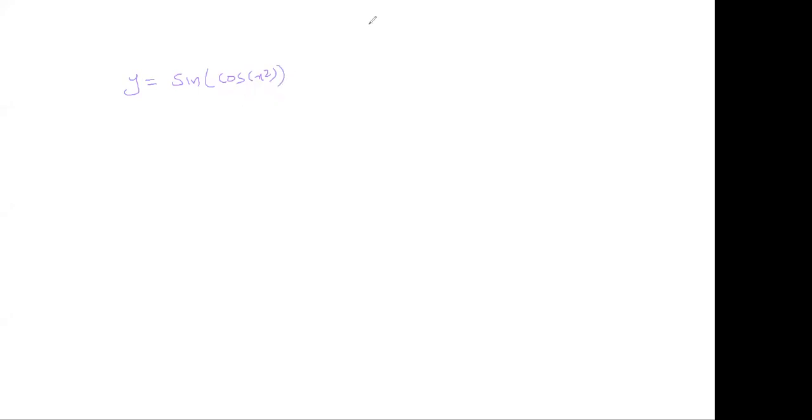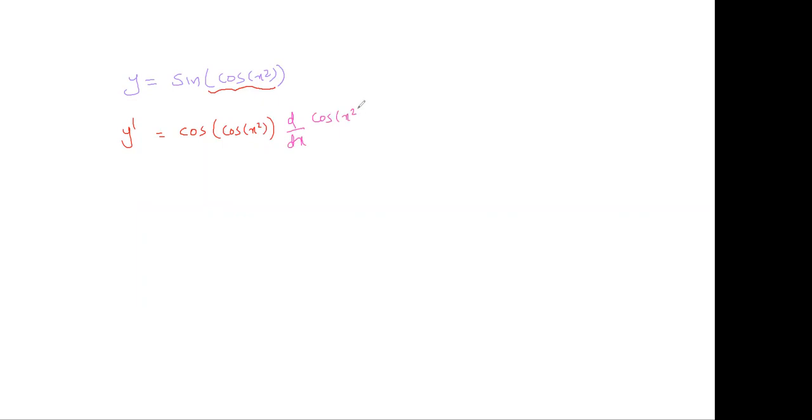Now see, chain rule says that first, y dash is equal to, see, so far you have to consider it as a single term, sin x form. The derivative of sin x is cos x, so it is cos x, and in place of x we have cos x square. Then we have to multiply with the derivative of what we consider as a single expression.